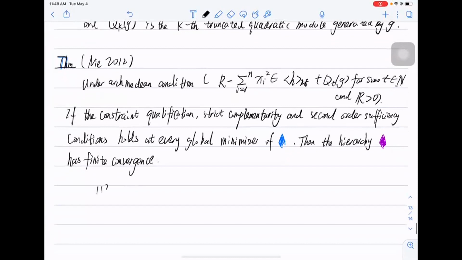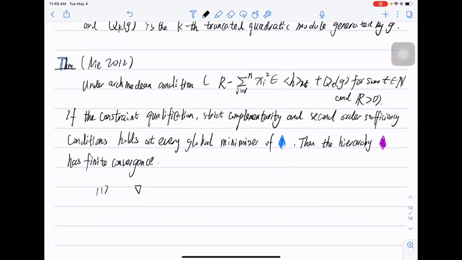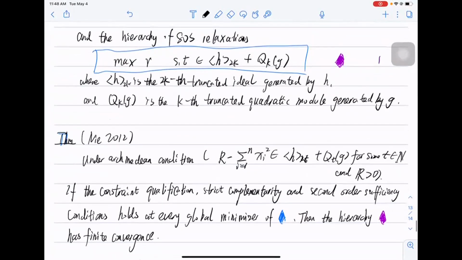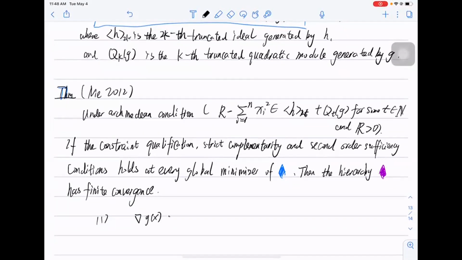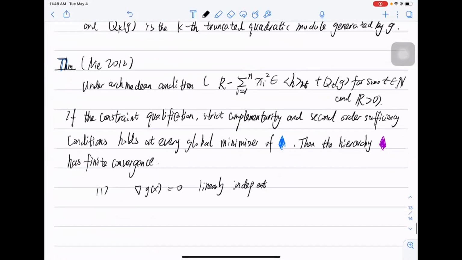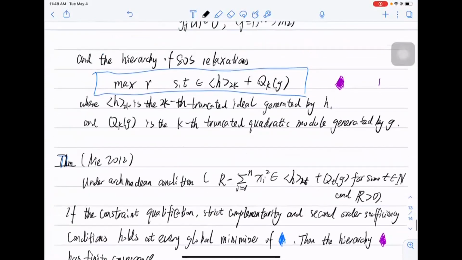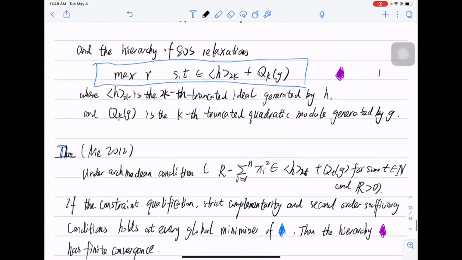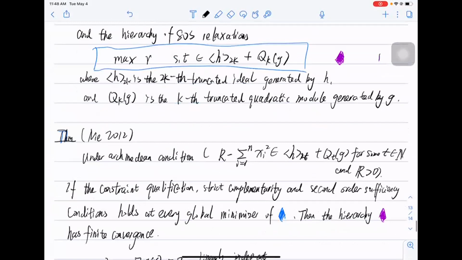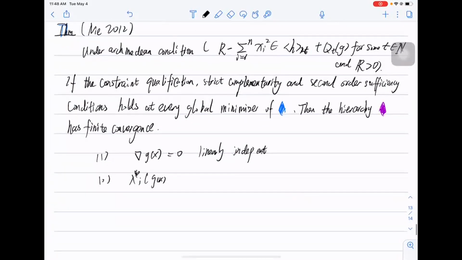It means basically that the gradients of g(x) are linearly independent. Strict complementarity means that for the optimal solution lambda star, lambda_i star times g_i(x star) is 0 and lambda_i star is positive for active constraints.